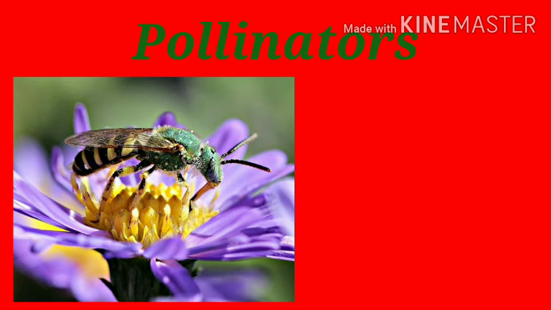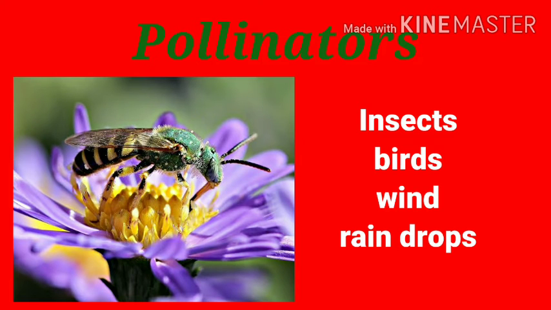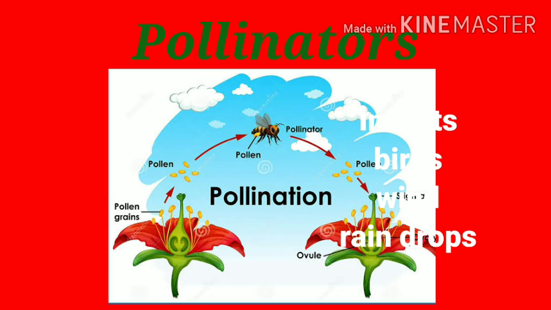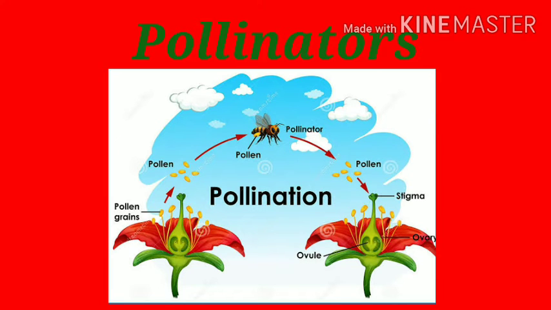Insects, birds, winds, raindrops, etc. They are important pollinators because they help to carry the pollen grains from anther to stigma during pollination.